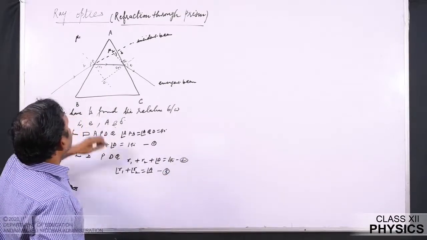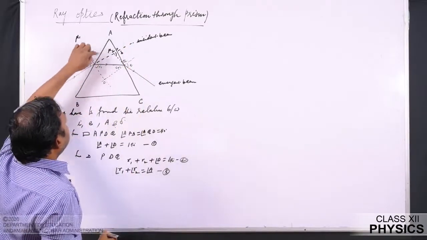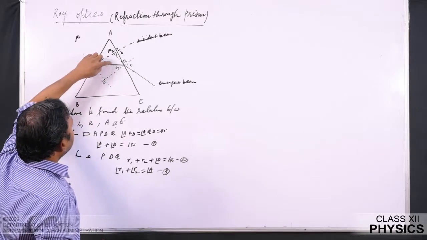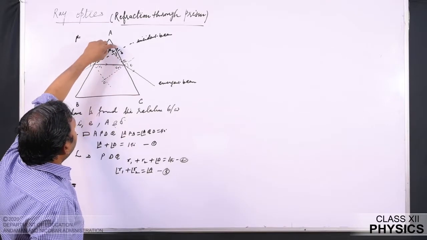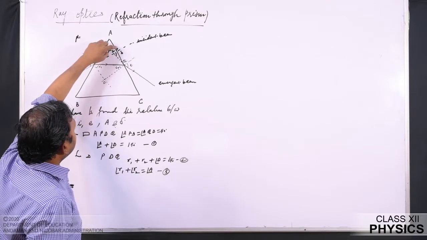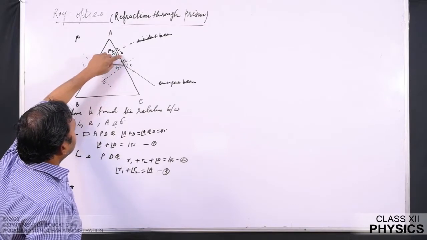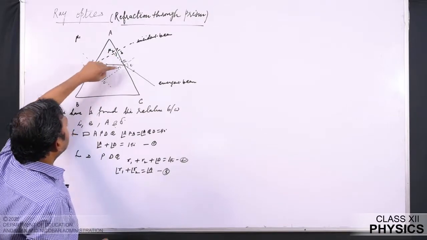Now, in triangle XPQ, the deviation angle will be equal to the sum of the interior opposite angles. Here angle delta acts as an exterior angle for the triangle XPQ. Therefore, the exterior angle deviation delta will be equal to the sum of the interior opposite angles.